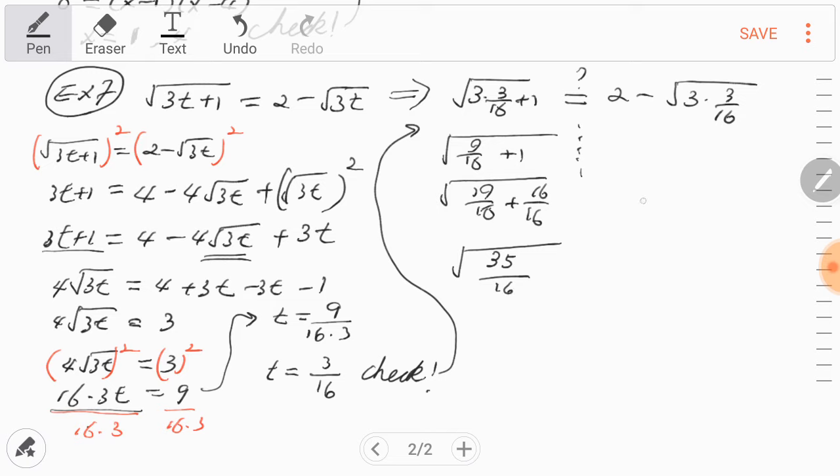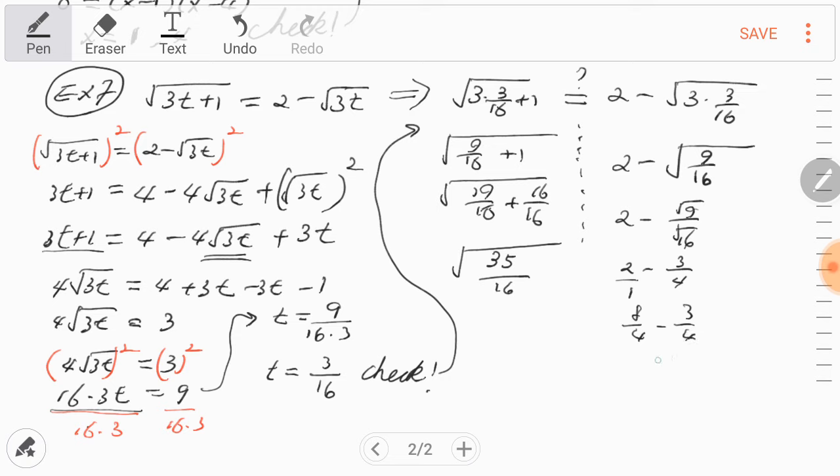Okay, how about the right side? 2 minus square root of 9 over 16. Square root of 9 over 16 is square root of 9 over square root of 16. So 2 minus 3 over 4. Over 1, so 8 over 4 minus 3 over 4.